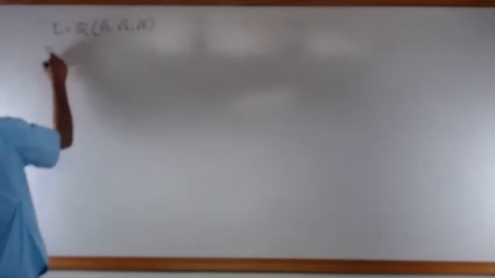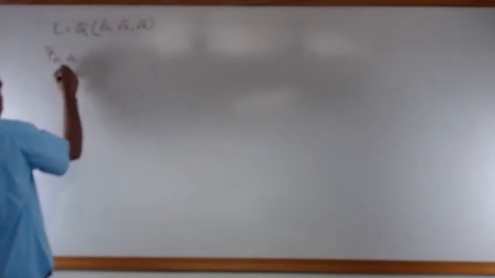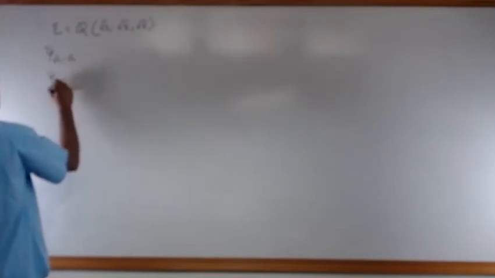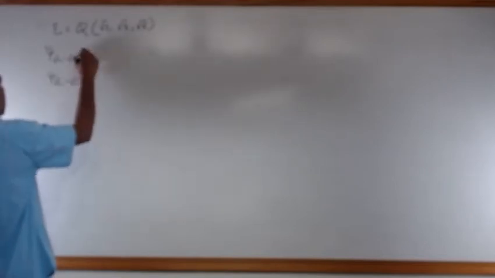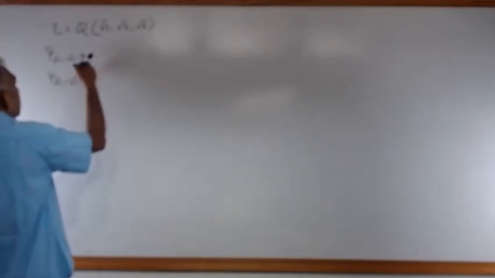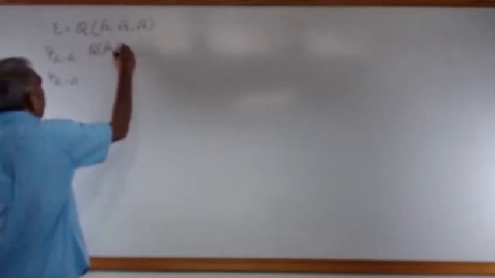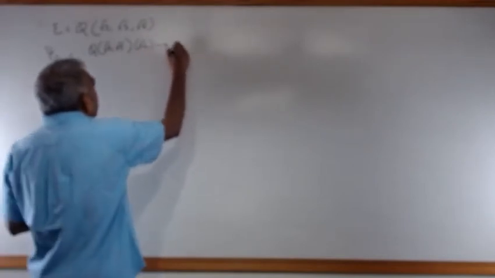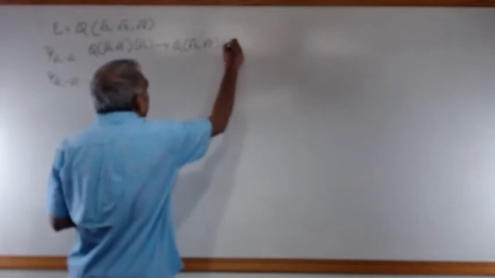So it's psi of root 2 comma minus root 2 and psi of root 5 comma minus root 5. This goes from Q of root 3 comma root 5 of root 2 to Q of root 3 comma root 5 of minus root 2.